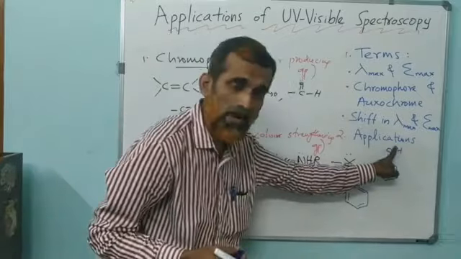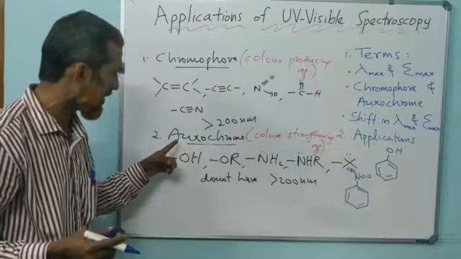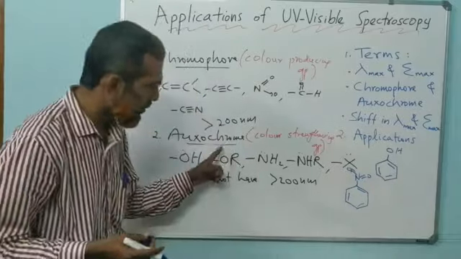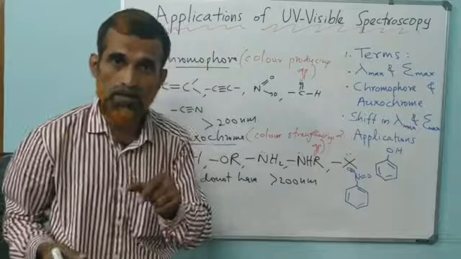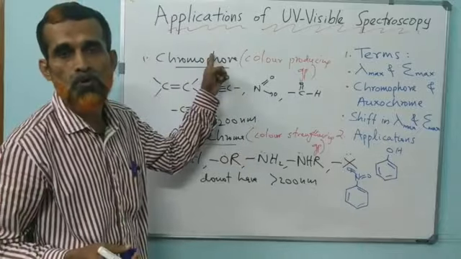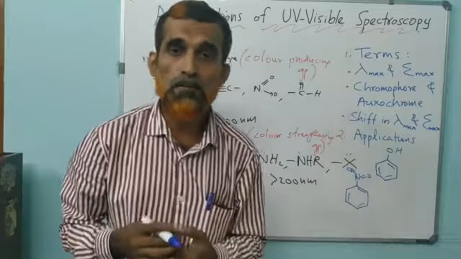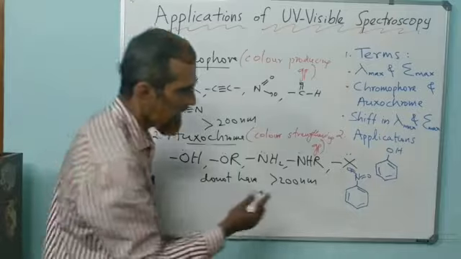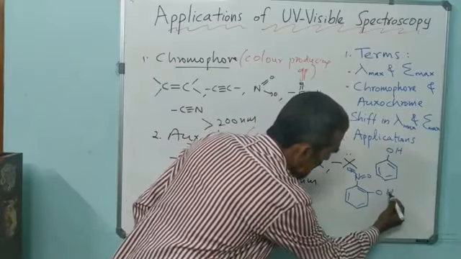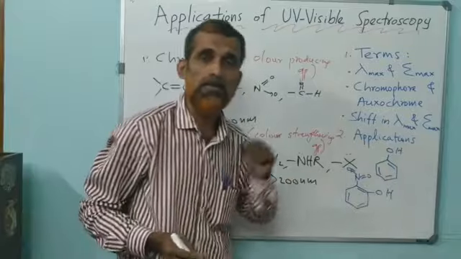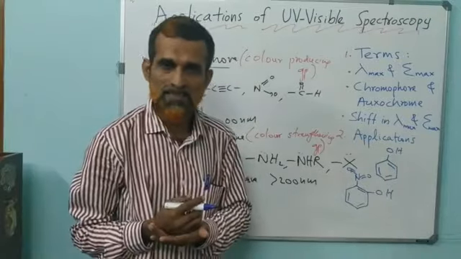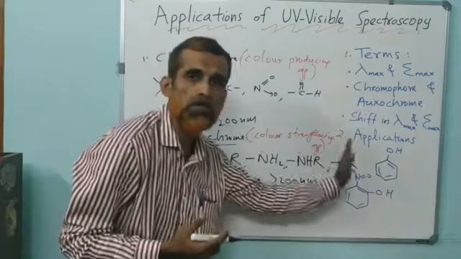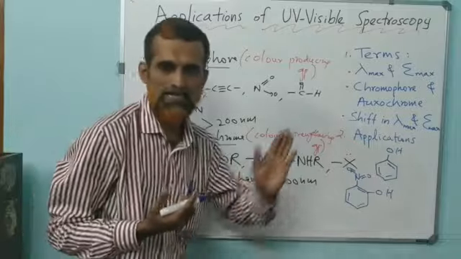And if OH comes along with NO2, actually regarding auxochrome, we should understand a point more, that they do not have characteristic absorption above 200, but when they come along with chromophore, they will increase the lambda max value. They will increase the absorption wavelength. That means if we substitute one OH group in nitrobenzene, it will become more colored. Intensity will increase. That means the wavelength of absorption will move more to the visible region or more to the right.